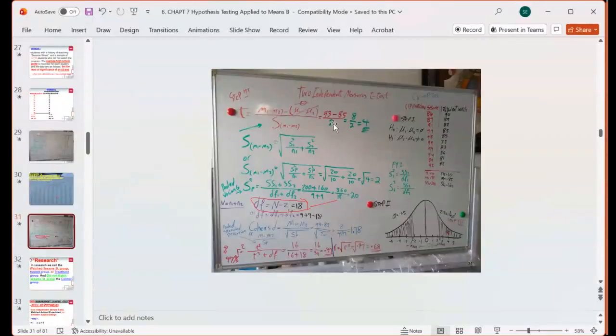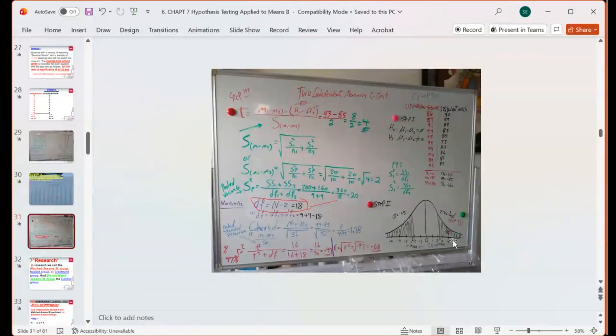And we put it right there in our formula at the denominator. So numerator is 8, denominator is 2. 8 divided by 2 is 4. That is our calculated t. Our critical value of t is 2.1.